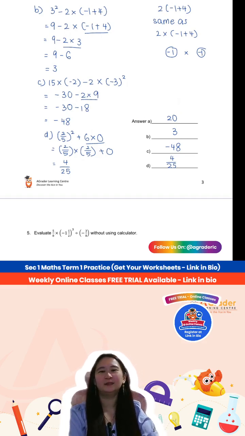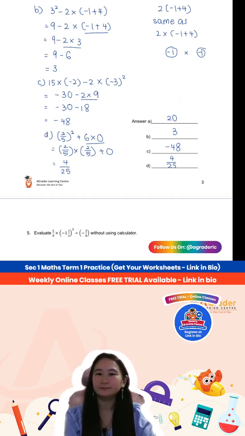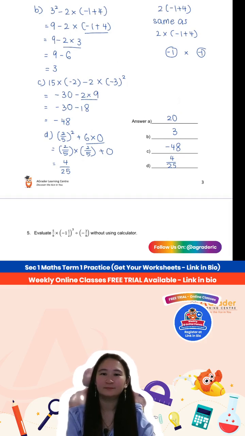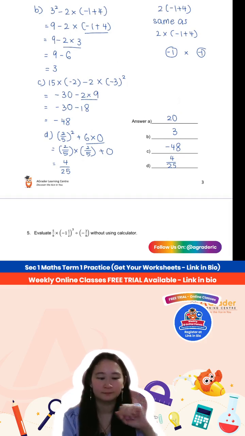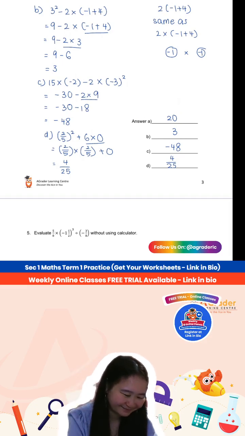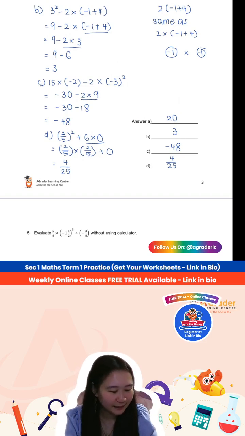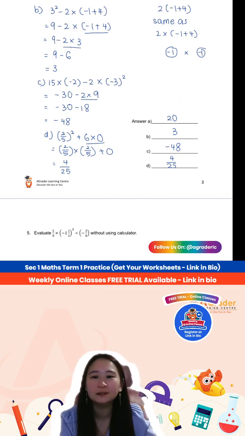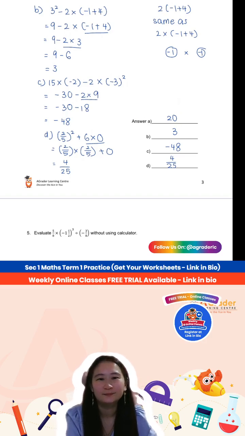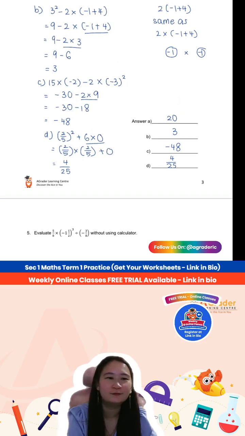Yep, elementary math. I think it's still quite okay. There's only 3 terms here for question 5.